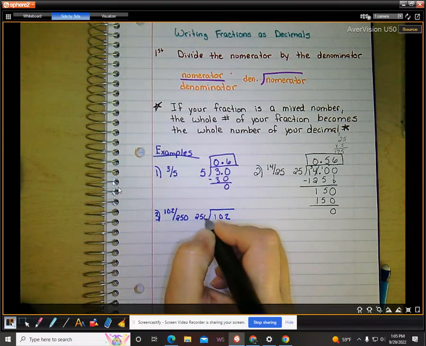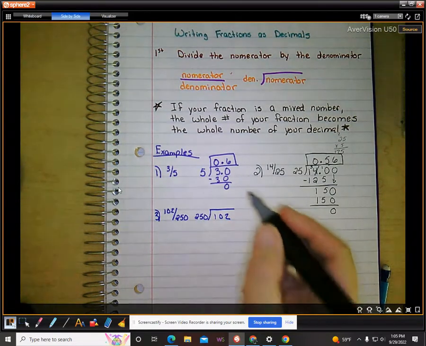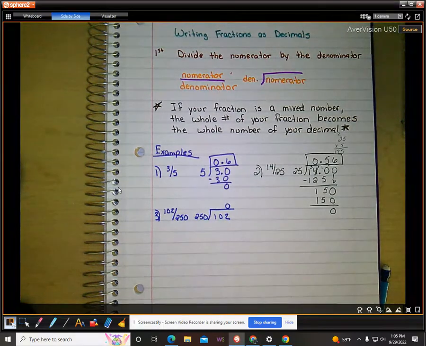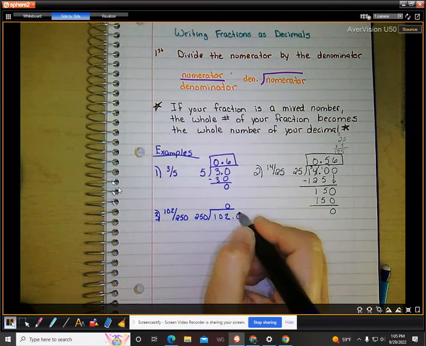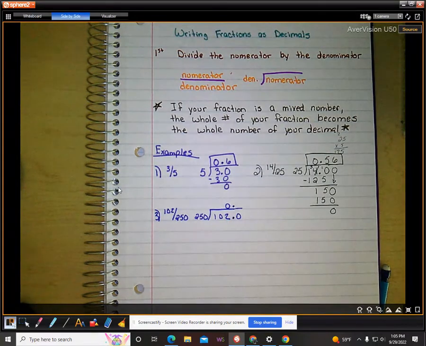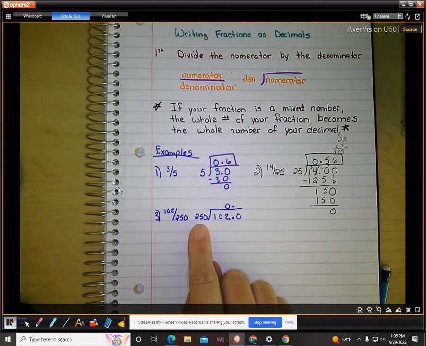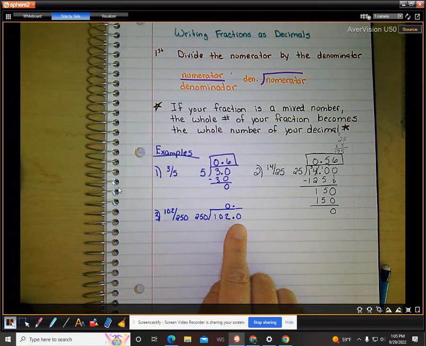So our denominator 250 becomes our divisor. 250 will not go into 102, so I need a 0. Okay. We're adding a decimal point and a 0 and bringing our decimal point straight up into our answer. So now we are taking 250 into 1,020.